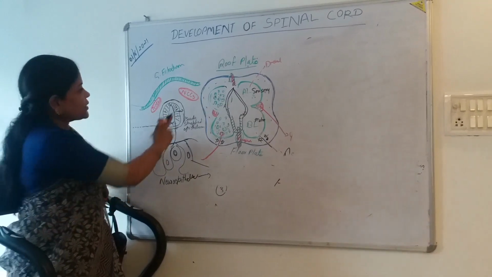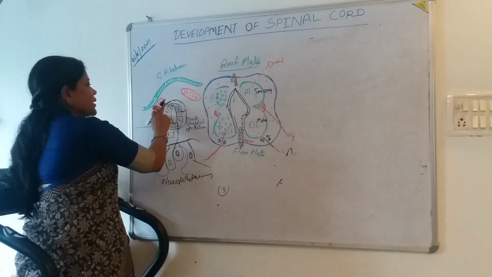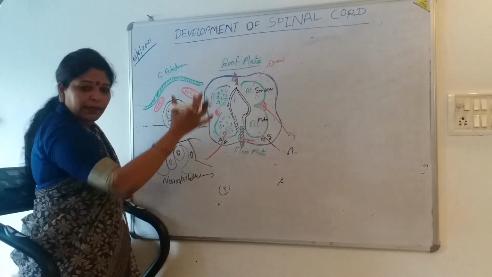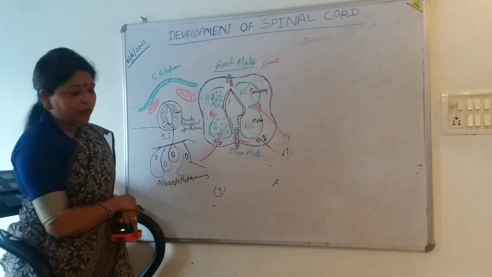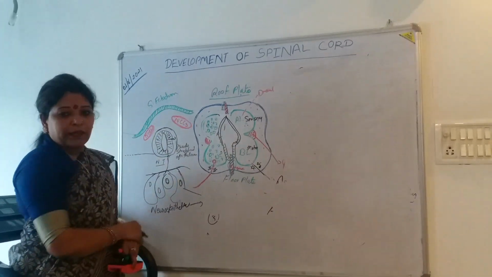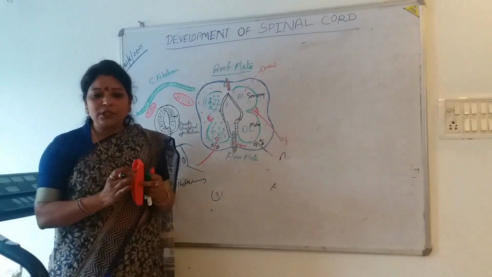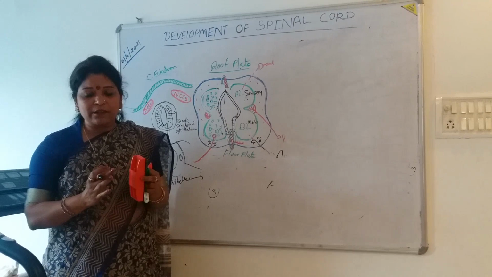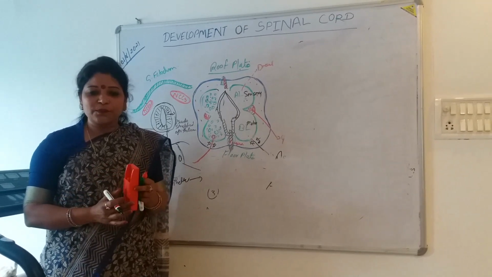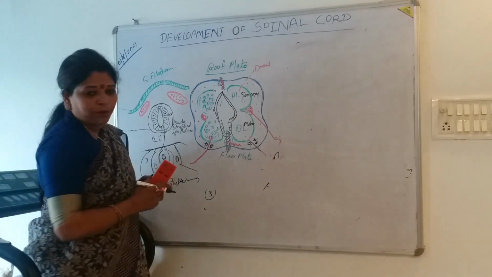Clear? These neural crest cells are present along the entire length of the neural tube, like this, isn't it? So will these neural crest cells add any structures adjacent to the developing spinal cord? Yes or no? Tell me. Yes, ma'am. What will it do?